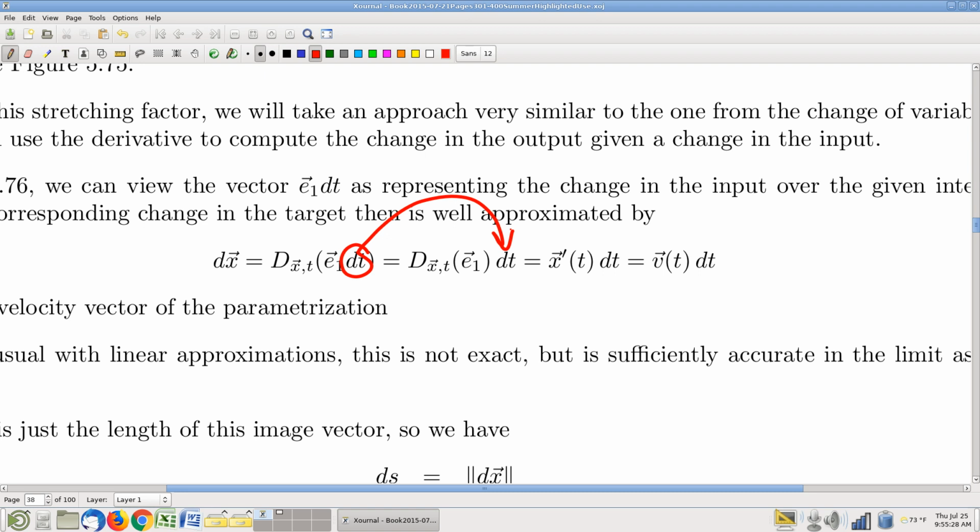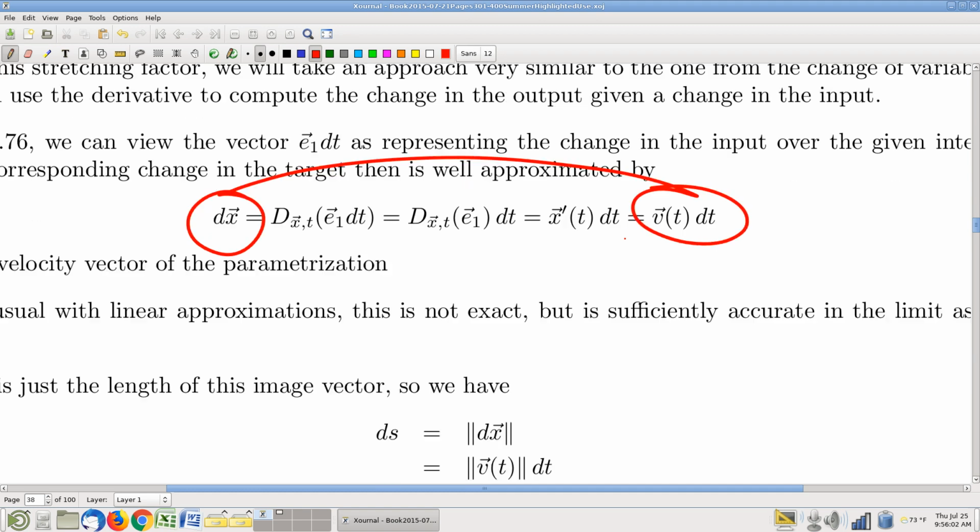That's how scalars work in linear transformations. What's left, we're applying the derivative transformation to a standard basis vector, which is going to make you think partial derivatives, but keep in mind there is only one input standard basis vector. There is only one input variable. So what we're accustomed to calling a partial derivative is the only derivative. It's just x prime. And so we get this nice result that dx is v dt.